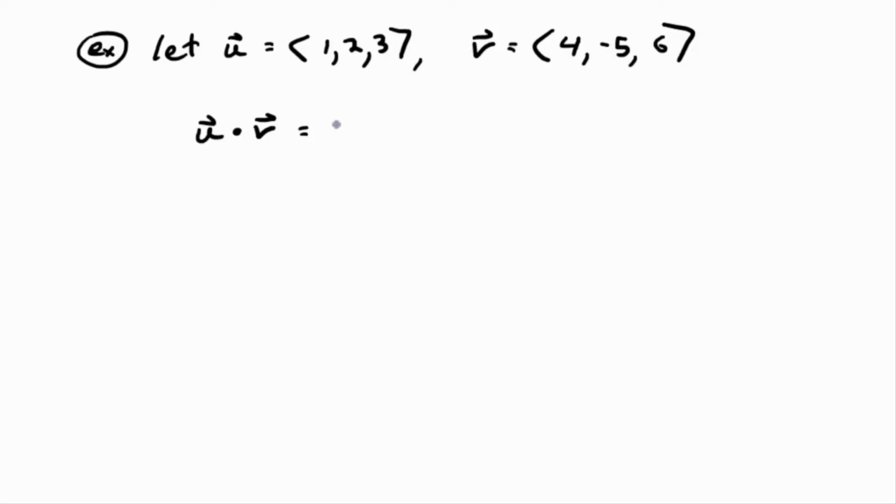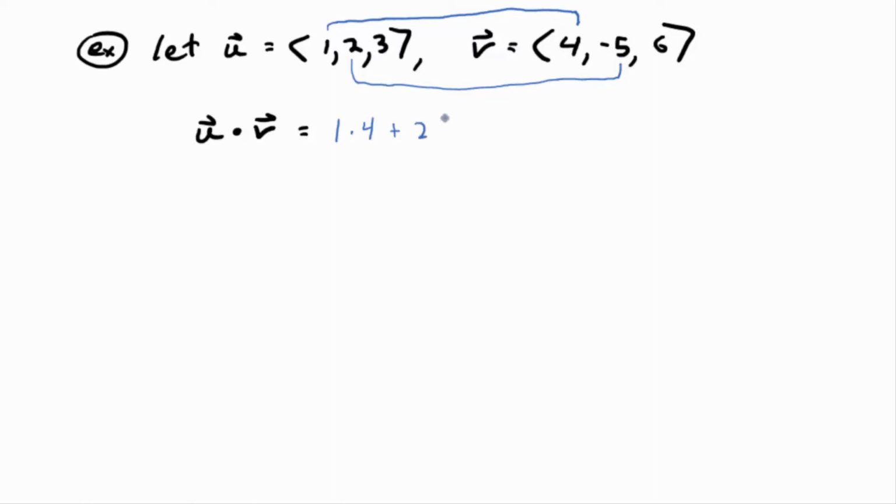So what do I do to get the first term? I take 1 and multiply it times 4. So 1 dot, that's a little dot for regular multiplication, 1 times 4. And then I'm going to add that to, according to the definition, 2 times negative 5.